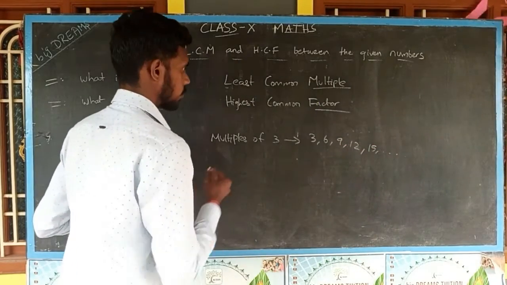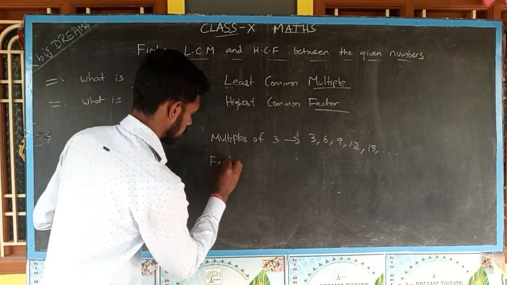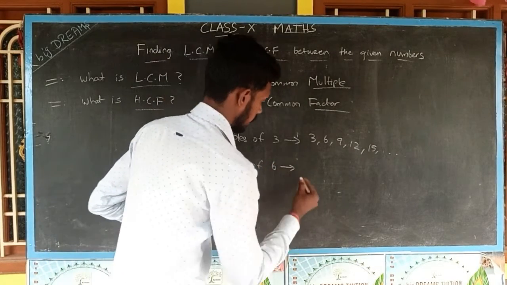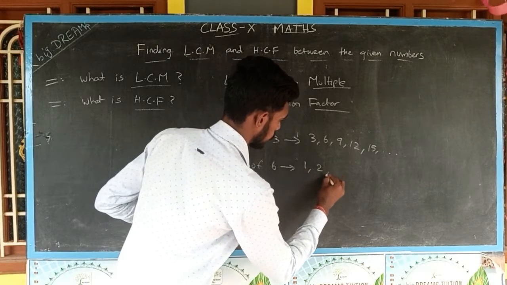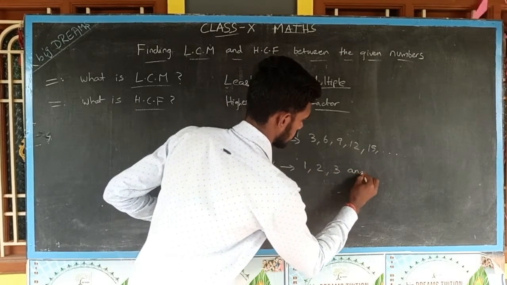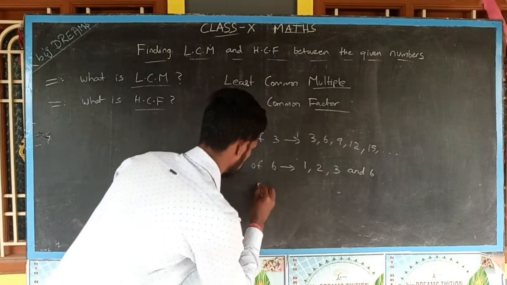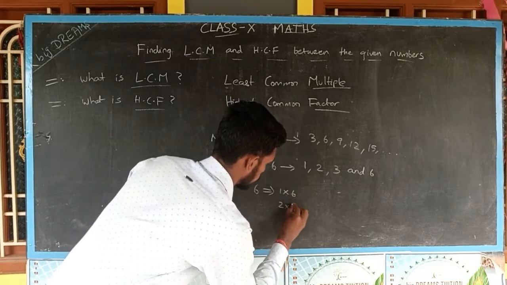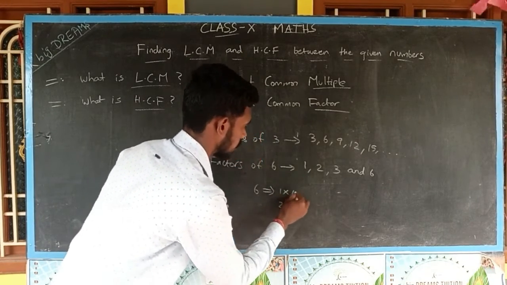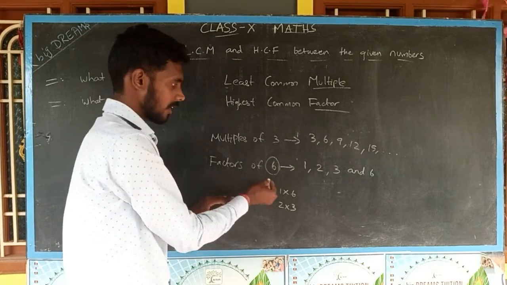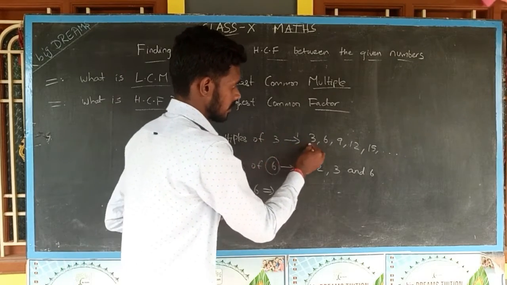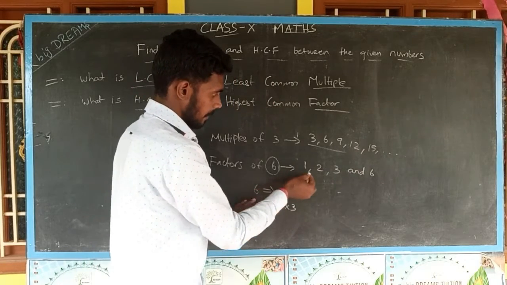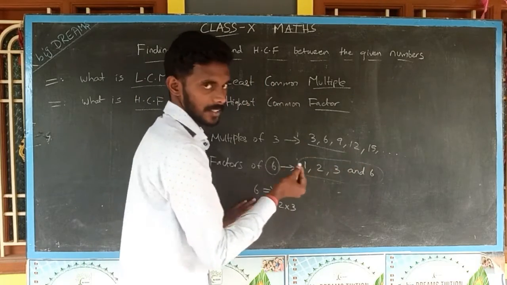Factors of 6, I can write 1, 2, 3 and 6, because 6 can be represented as 1 into 6, 2 into 3. So 1, 2, 3, 6 are the factors of 6. Multiples of 3 means 3, 6, 9, 12, 15. These are called factors.